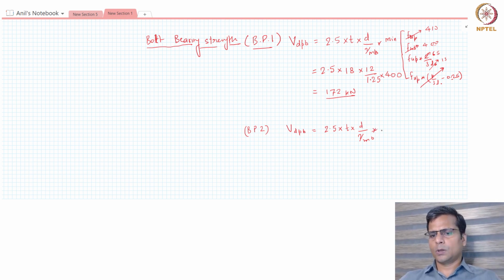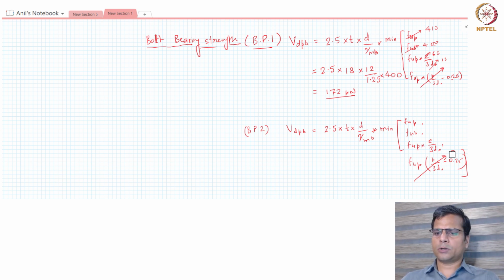Let me write it fully, multiplied by the minimum of Fub, Fup multiplied by e by 3d0, and Fup multiplied by p divided by 3d0 minus 0.25. Like the last time, the last term is not relevant, so we can ignore it because there is no pitch distance here.